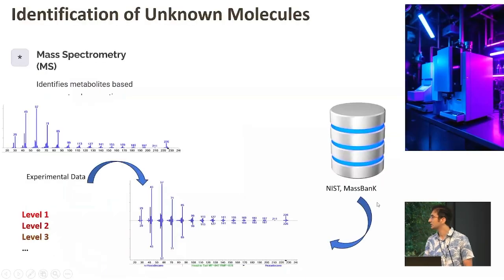So as I mentioned, the identification procedure includes comparing the acquired mass spectra from the mass instrument to the databases. And as long as they match very precisely, we call it level 1 identification, or if they deviate a little bit, we call it level 2, and level 3 is still acceptable, but beyond that, we call them dark matter or unknown molecules in metabolomics studies.